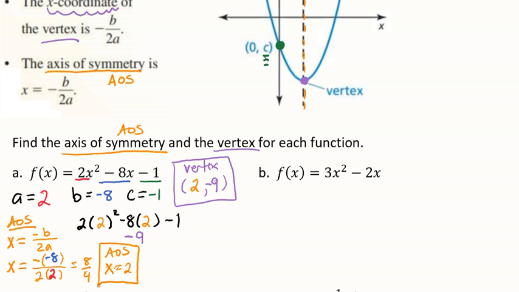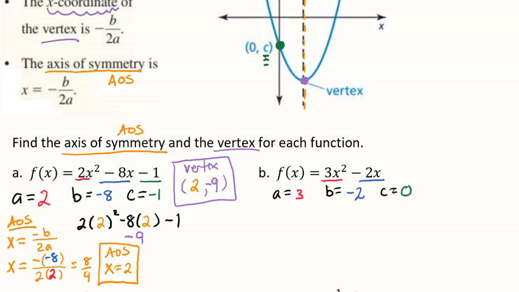Let's try another example. Here we have f of x equals 3x squared minus 2x. So we want to find our a value, our b value, and our c value. So we have an a value of 3, a b value of negative 2, and because there isn't a value back here, that tells us that we're going to have a c value of 0, because there's no constant number.